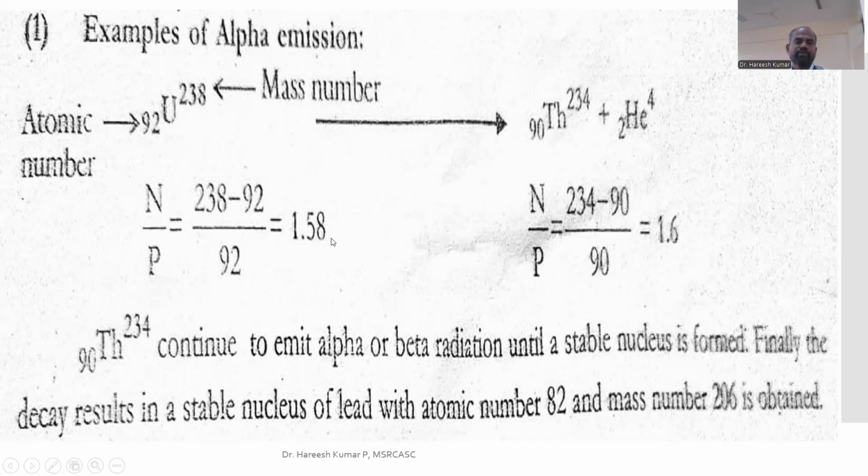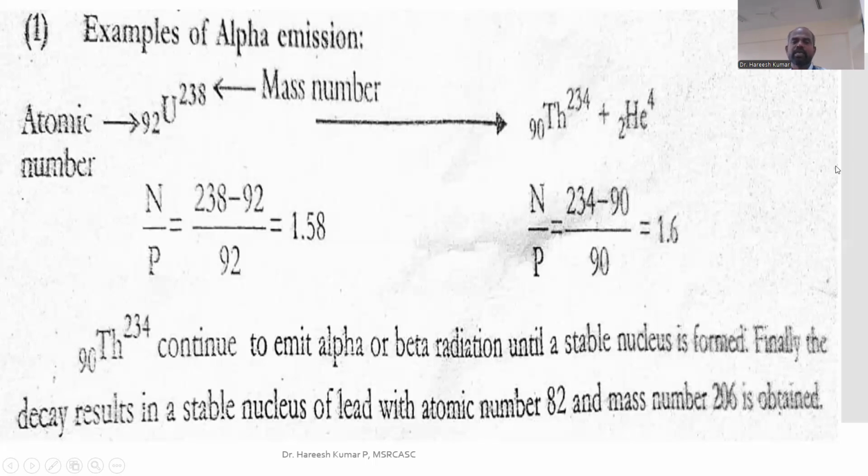If the N by P ratio is more than 1.5, it indicates that the nucleus is unstable, and it disintegrates and emits alpha, beta, or gamma until it reaches a stable isotope. Similarly, for thorium 234, the N by P ratio is 234 minus 90, divided by 90, which is equal to 1.6.